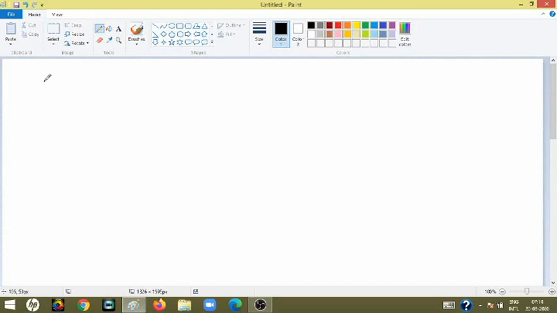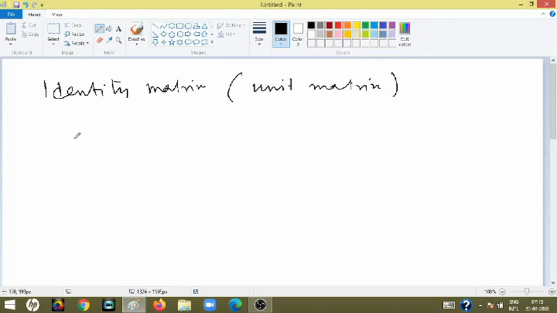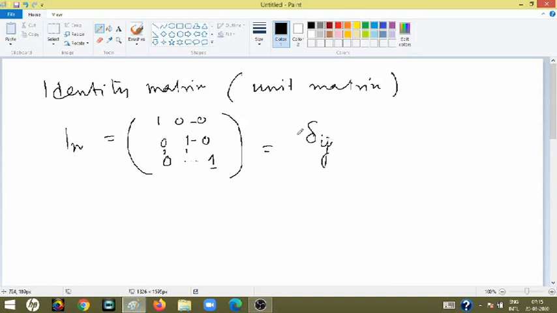Now what is an identity matrix, or unit matrix? Let In equal to the matrix with 1s on the diagonal and 0s elsewhere, equal to, say, delta ij, n cross n.